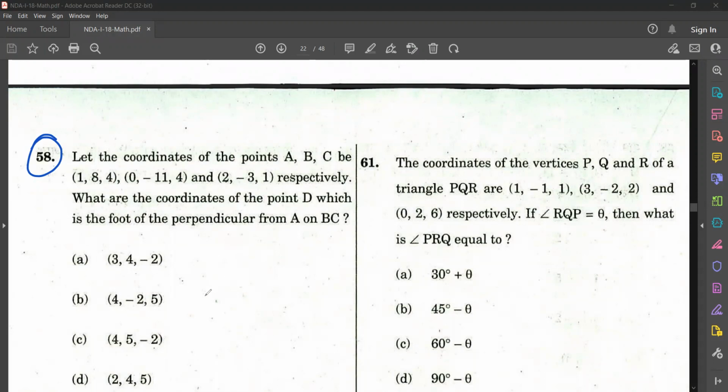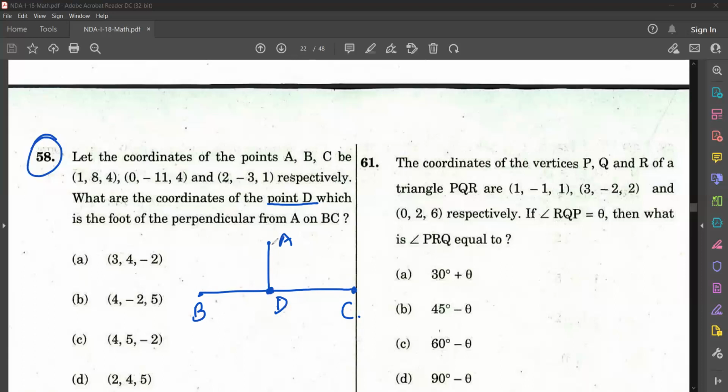So we have 3 points A, B, and C. We have to find the coordinates of the point D, which is the foot of the perpendicular from A to BC. This is what you have to find out.